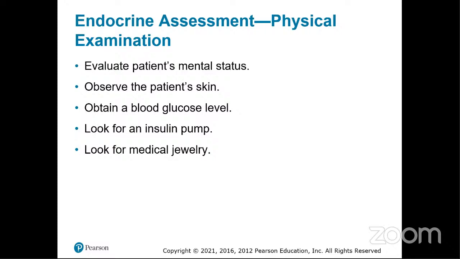It's a little black pump with a hose going to it. And then look for medical jewelry too. If they have a necklace or a bracelet, a lot of times, like in the summer, if you're out swimming or whatever, they'll wear an anklet. They'll take the bracelet and put it on their ankle.